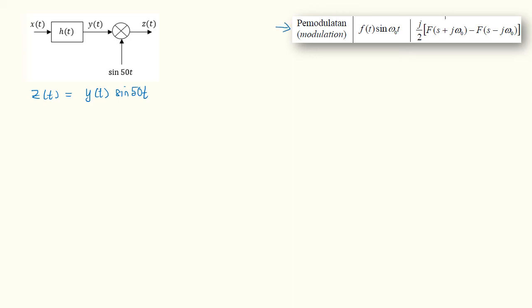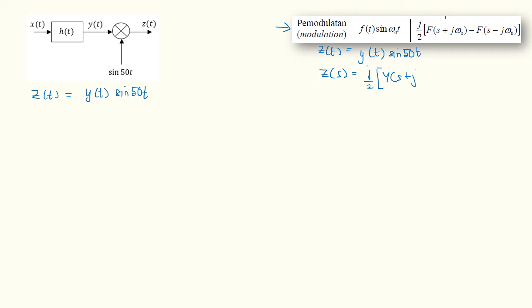So compare the given equation with the one you have. You have z(t) equal to y(t) sine 50t, in which Zs equal to G over 2. So F becomes Y, in this case Ys plus G.